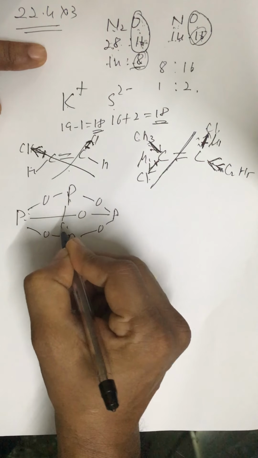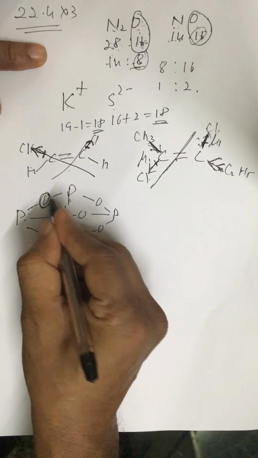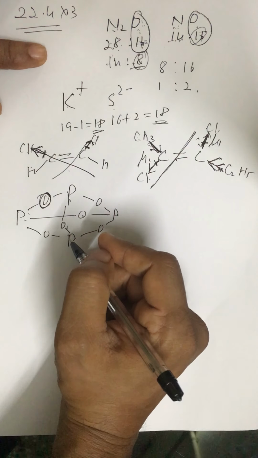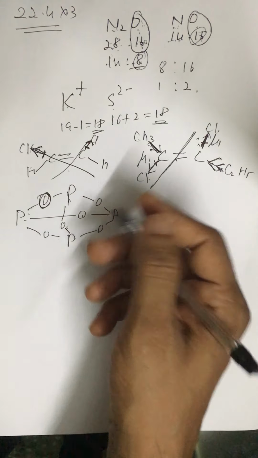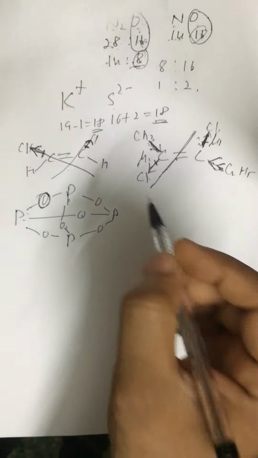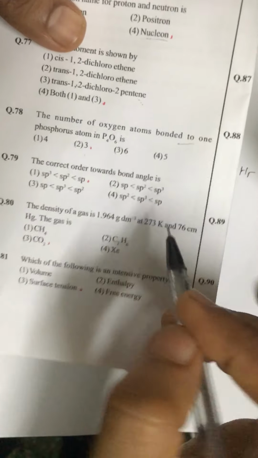These two are not connected, connect them. The question is the number of oxygen atoms bonded to one phosphorus. So one phosphorus is bonded to 3 oxygen. Every phosphorus is bonded to 3 oxygen. Correct answer is the second option.